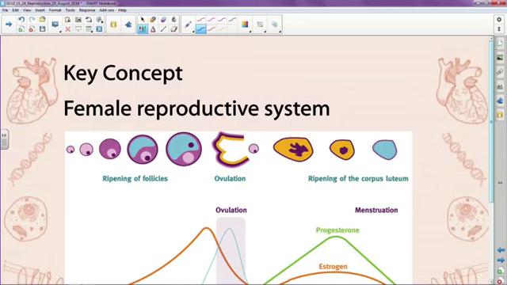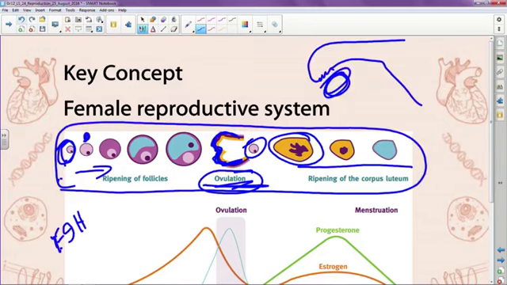Let me just rewind here a little bit. There we go. The smaller it becomes, the less progesterone it produces, and each one has a certain function.